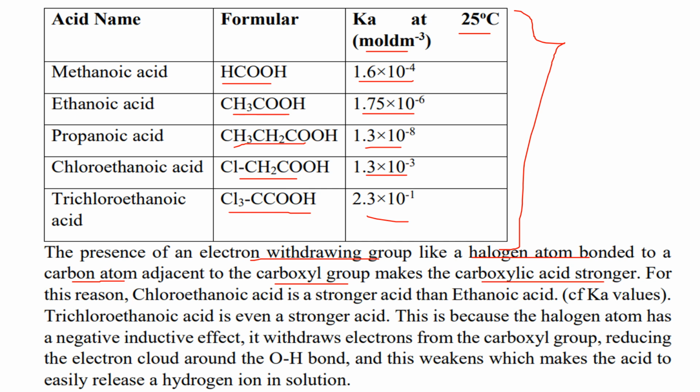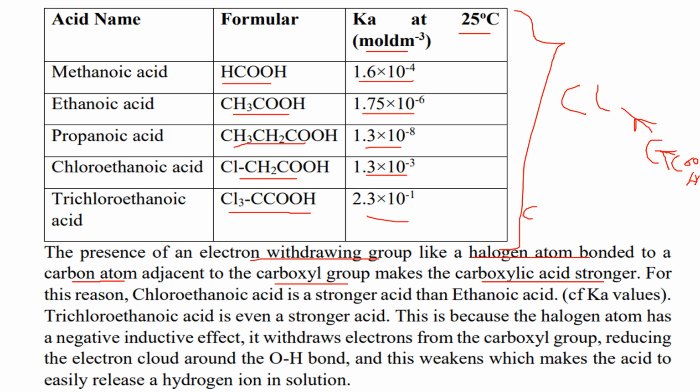Now let me explain this. An electron withdrawing group is anything that causes a negative inductive effect, and it withdraws electrons towards itself.